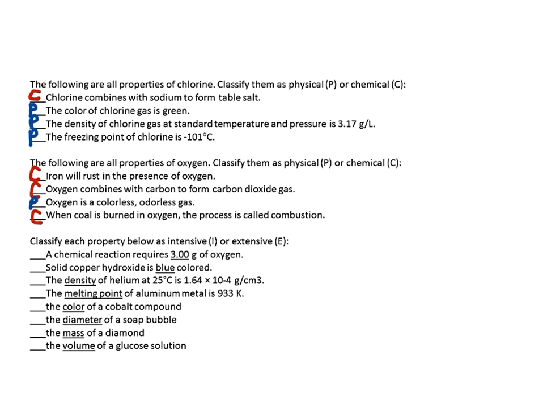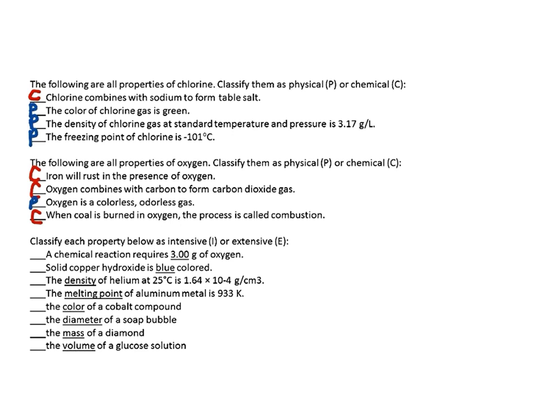So other examples of extensive properties would be anything that is going to increase as the amount increases. So mass is a good example. Other intensive properties would be things like density, where it doesn't matter how much you have, the density is still the same. Okay, so let's go through and do these.